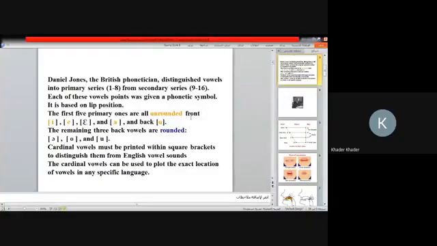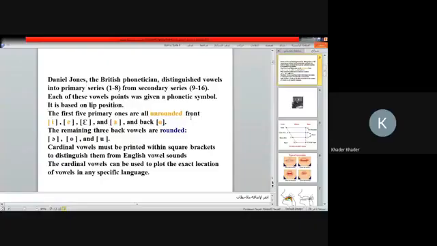It is based on lip position. The first 5 primary ones are all unrounded front, and number 5 is a back vowel, but unrounded.